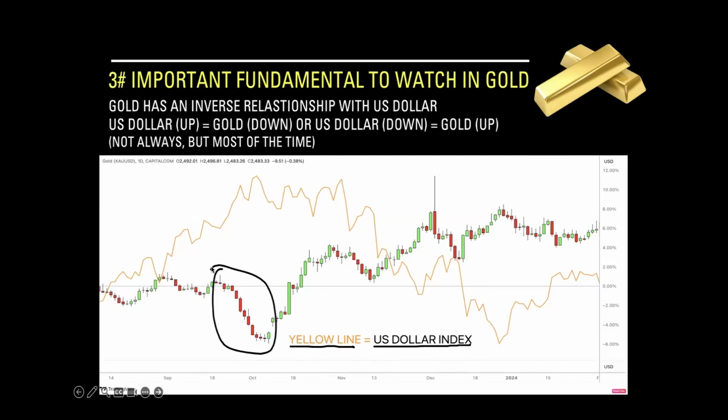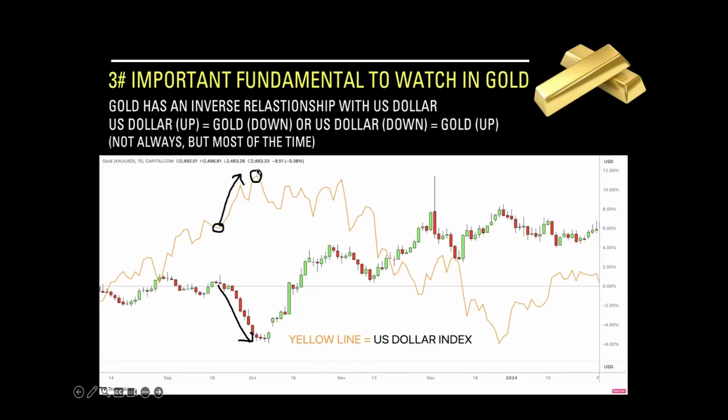The candlesticks you are seeing here, all these are gold. This is the gold chart, and the yellow line you are seeing is the dollar index. So for example, you can see that somewhere from here, the US dollar index started going up, and what happened with gold? You can see that gold started coming down.